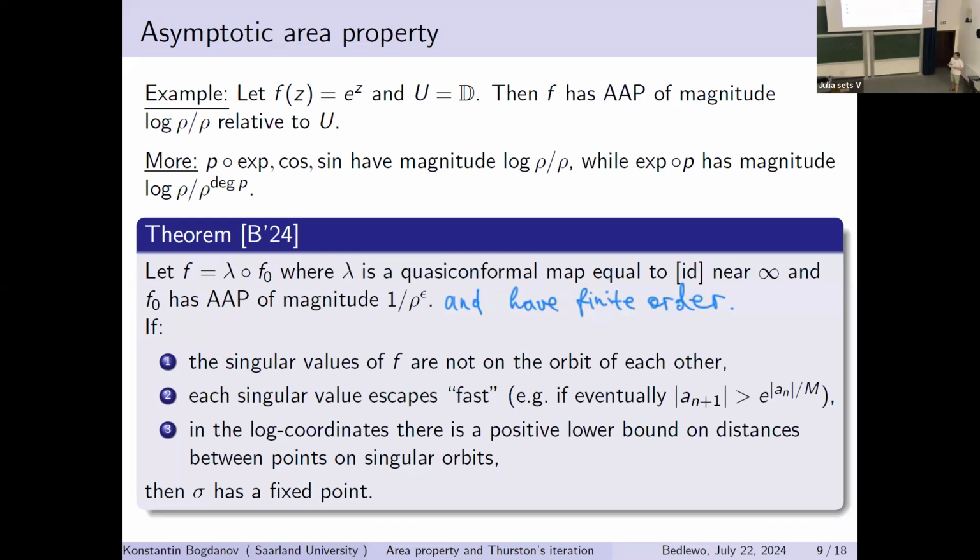You can see it's a pretty general list of transcendental functions for which you have these conditions fulfilled, and this means that having a map like this, you can always find a Thurston equivalent entire function for which the singular dynamics is exactly modeled like here.